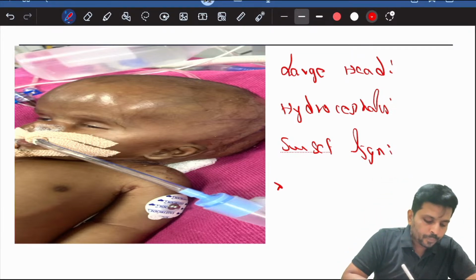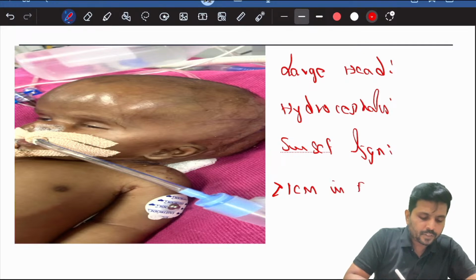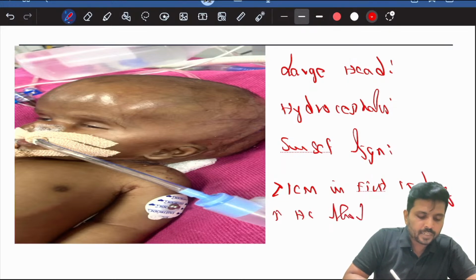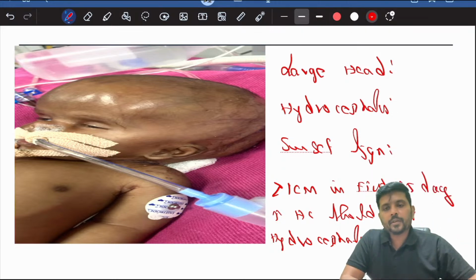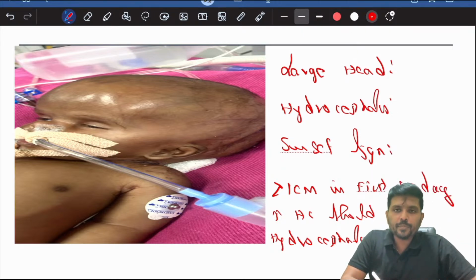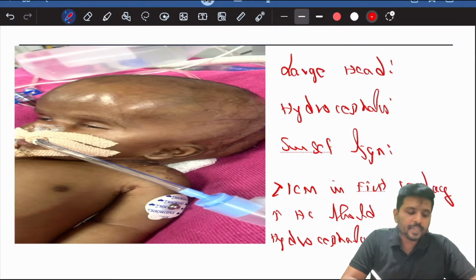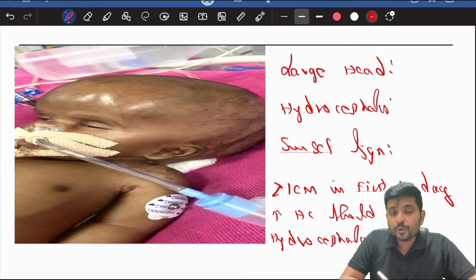Remember, an increase in head circumference of more than 1 centimeter in the first 15 days should be considered for hydrocephalus. Hydrocephalus means excess accumulation of cerebrospinal fluid in the central nervous system.